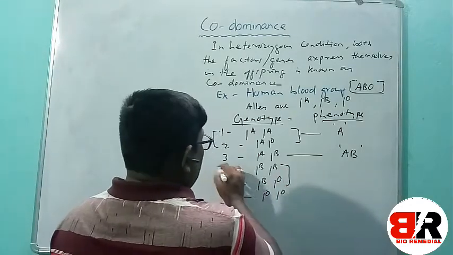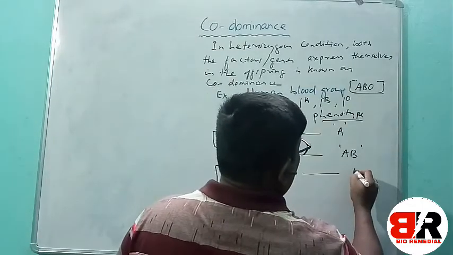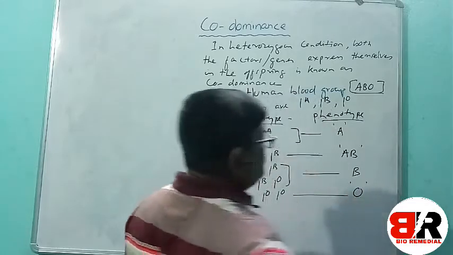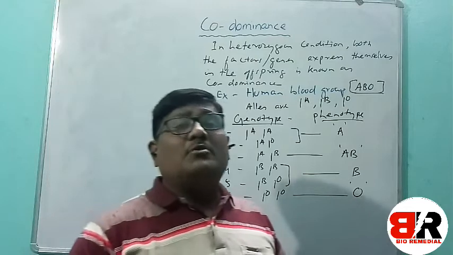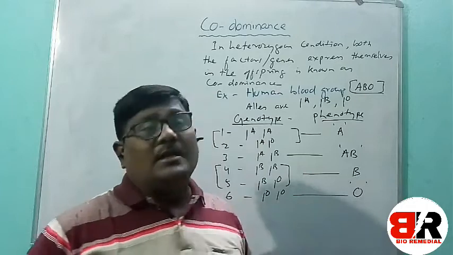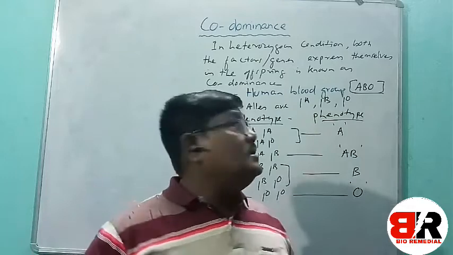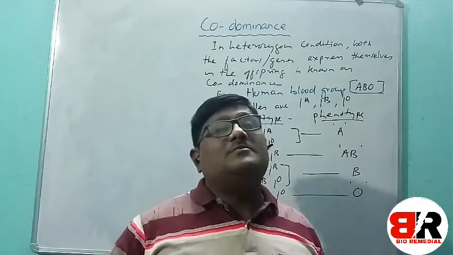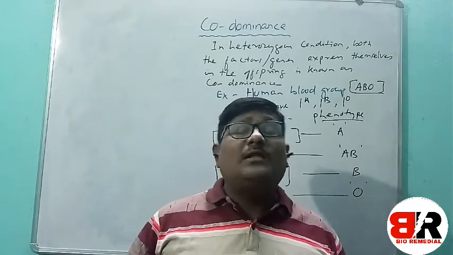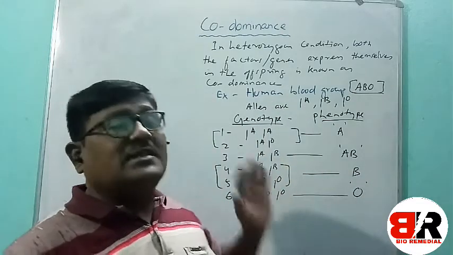Then IB-IB and IB-IO combination will give us blood group B. Finally, the IO-IO combination will give us blood group O. These 4 different types of phenotype and 6 different types of genotype we get from 3 alleles. Out of the 3 alleles, IA and IB are dominant alleles and IO is one recessive allele present in the human population. So we have 2 alleles, one from our father and one from our mother. The combination could be any of the 6.